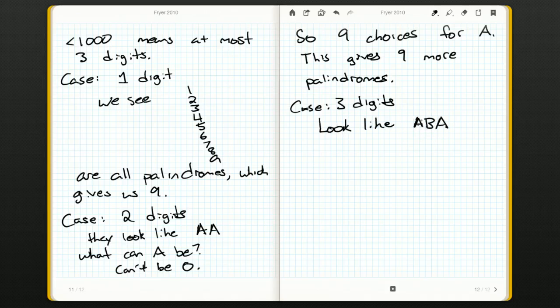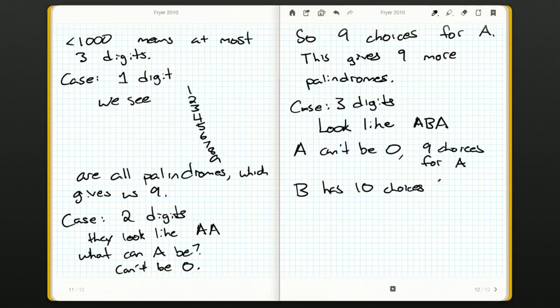That's definitely got a different middle number. Once again, A can't be 0. So we have 9 choices for A. Now B can be 0. Right, the middle number can be 0. That would still leave us with a 3-digit number. 101 is still a palindrome.